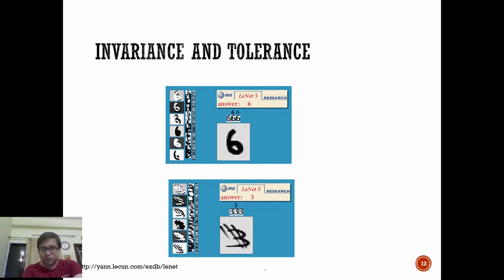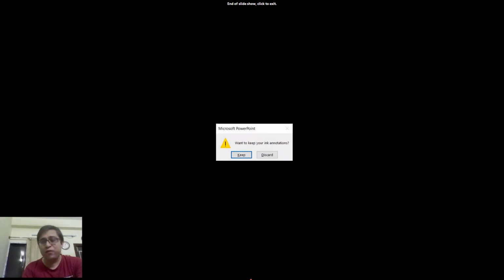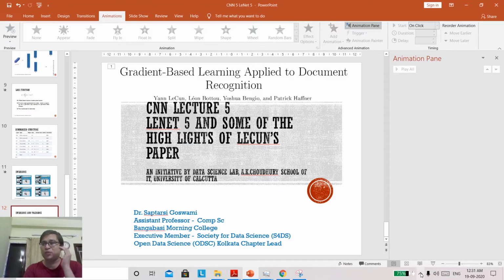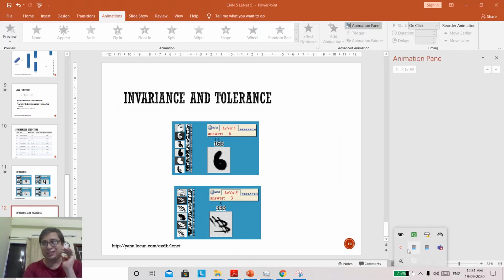A lot of noise is introduced, but it can still identify the digit as a 3. So that sums up what we had to discuss about LeNet5. As I said, this is one of the very fundamental models of CNN, so we really need to appreciate the different architectural blocks.